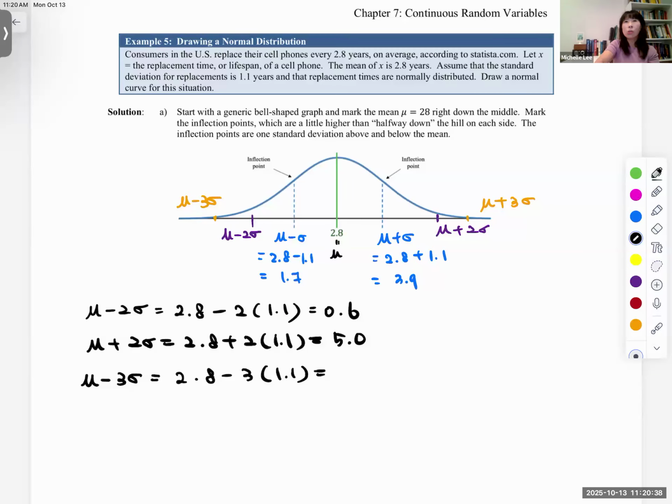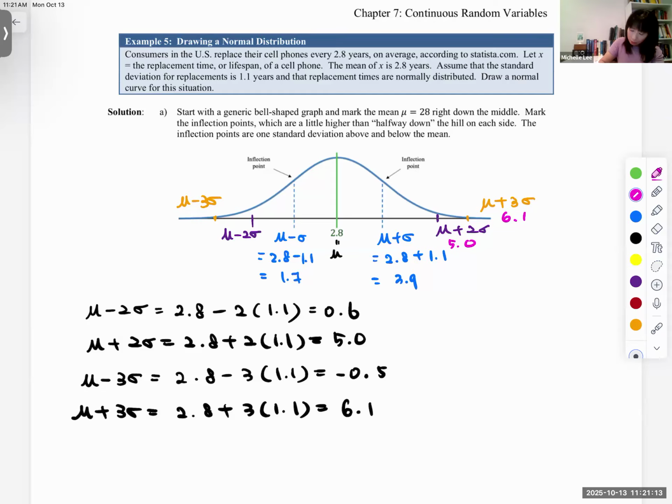Okay, so here is mu plus 2 times sigma, 5.0 there. Here is 6.1 there. And for mu minus 3 sigma, negative 0.5.